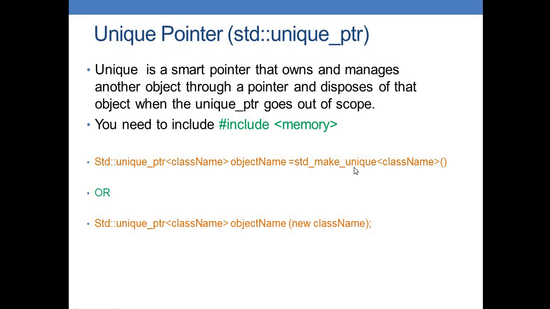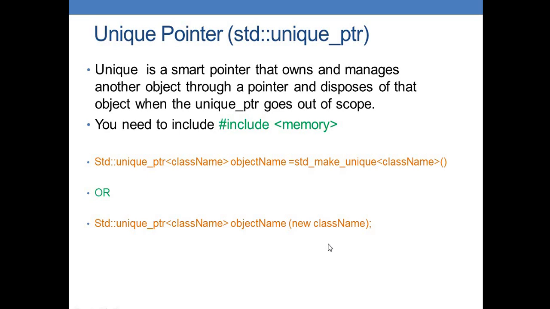Or there is another way you can create a unique pointer object: std::unique_ptr, class name and object name, and in the parenthesis give new class name. Both ways you can create a smart pointer.